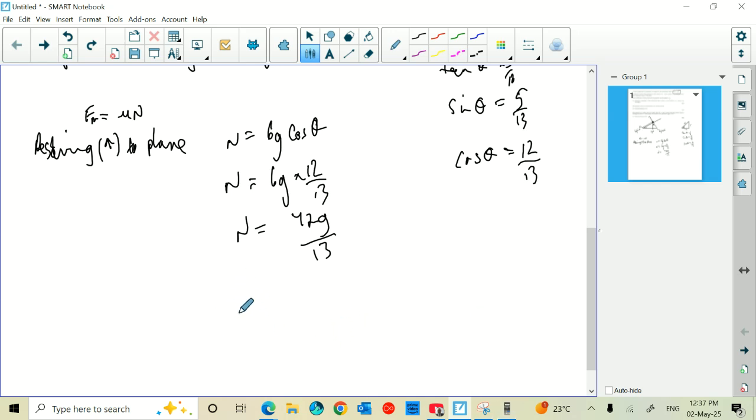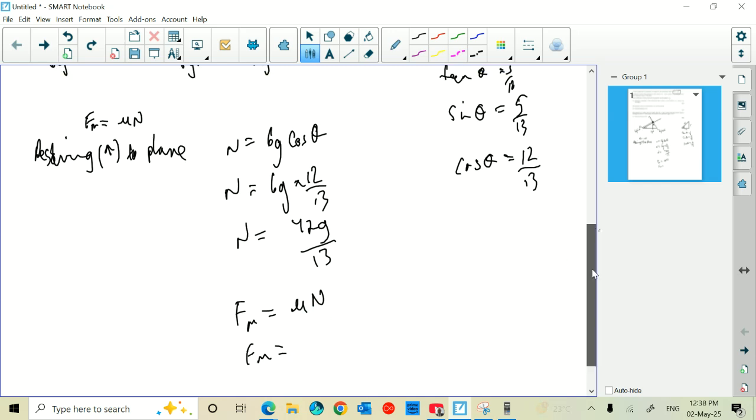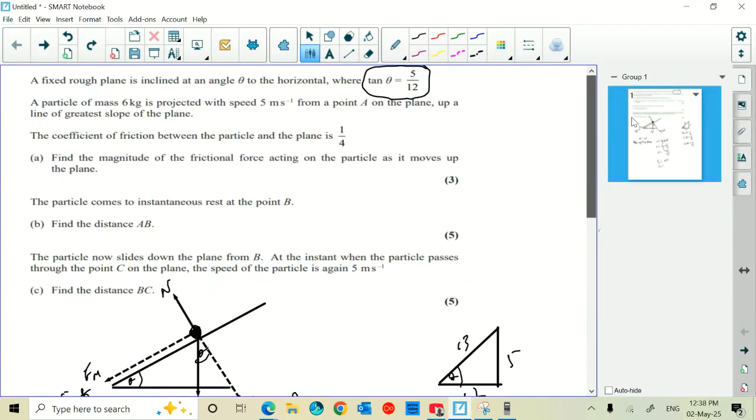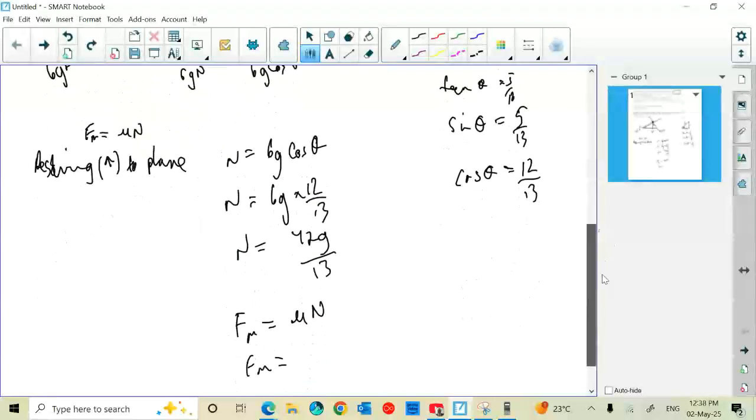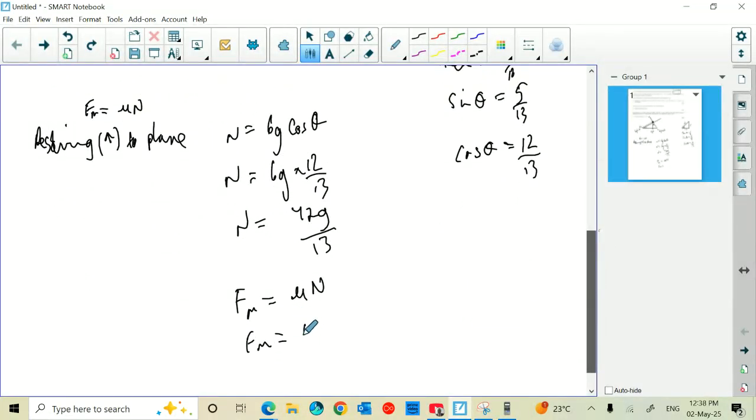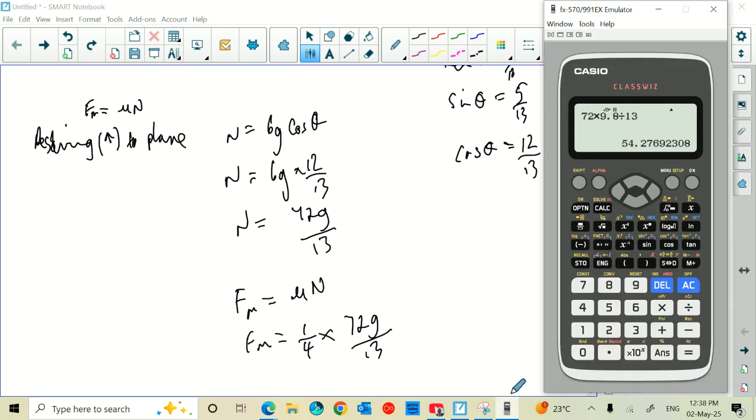If I want to find F max equals mu N, where N is 72g/13, and the coefficient of friction between the particle and the plane is 1/4, then it's got to be 1/4 of N. So 1/4 times 72g over 13.